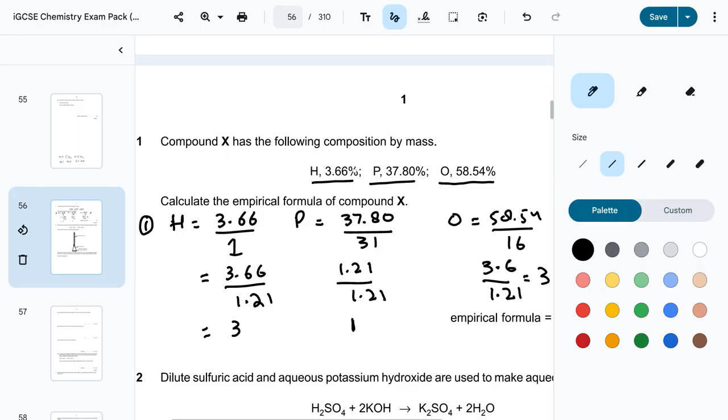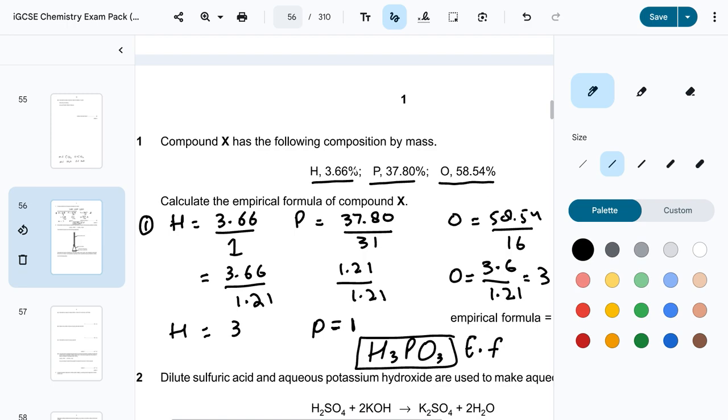So now I have 3 hydrogen, one phosphorus and 3 oxygen. So the formula is H3P1O3.